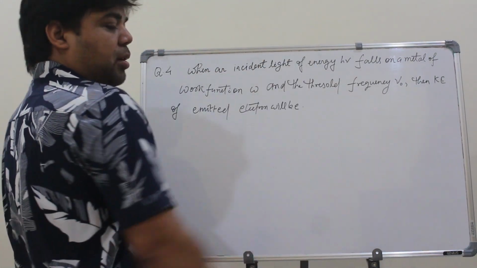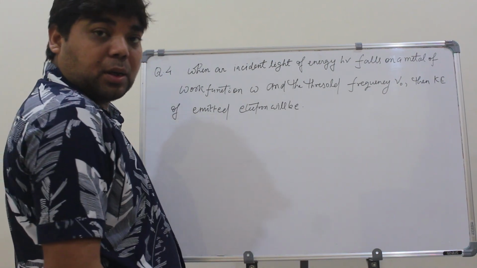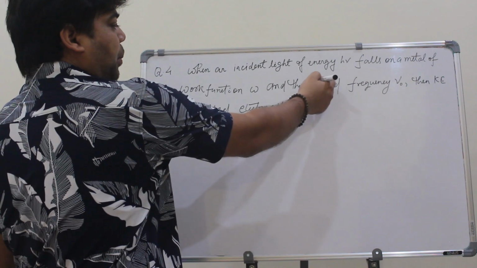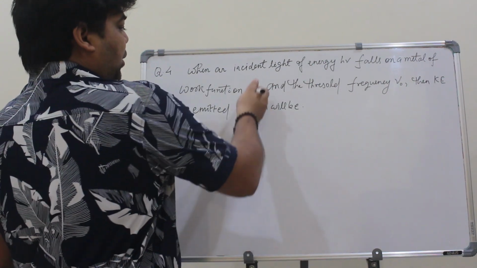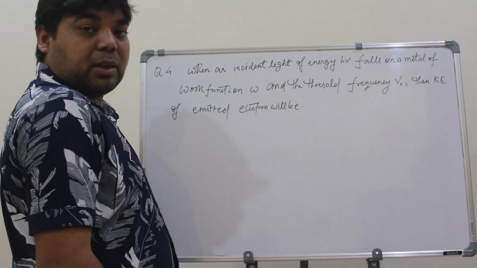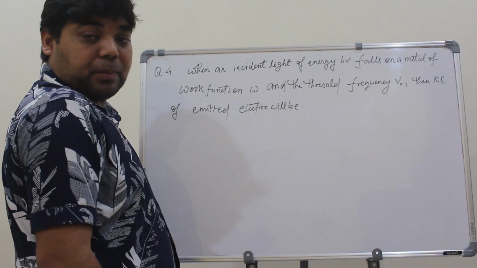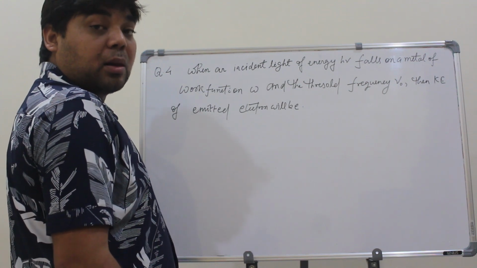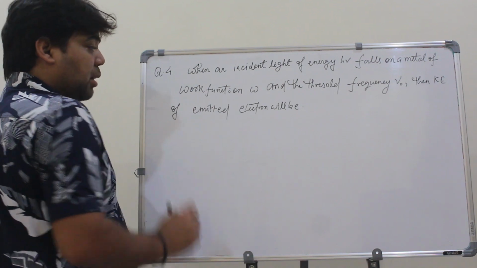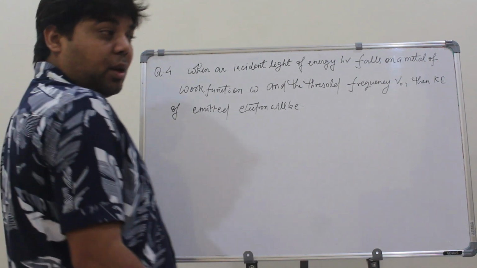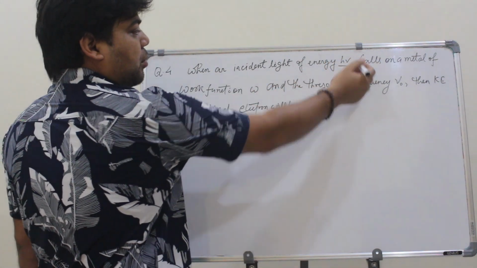So when light of a certain frequency falls on a metal surface, depending upon the work function of the metal surface and the frequency of the light, electrons will be emitted. That doesn't depend on the intensity of the light, but rather on the energy of the photon.